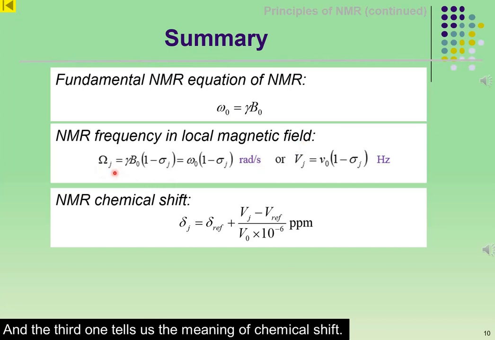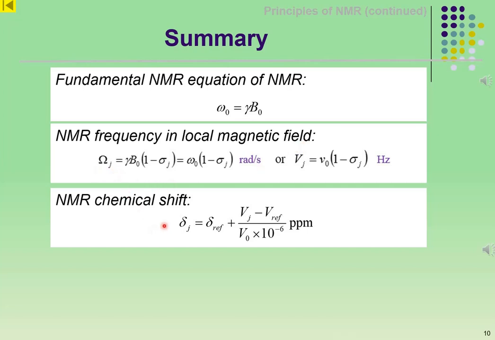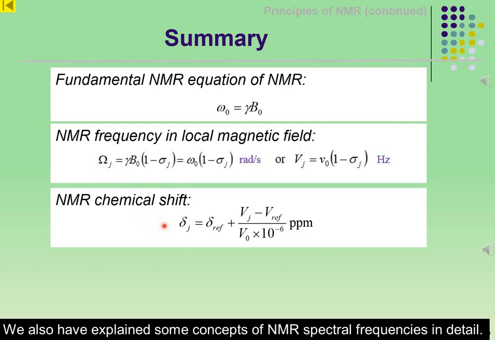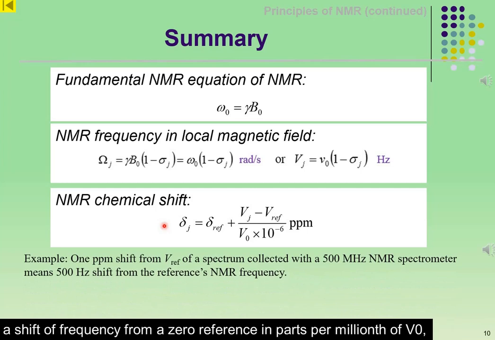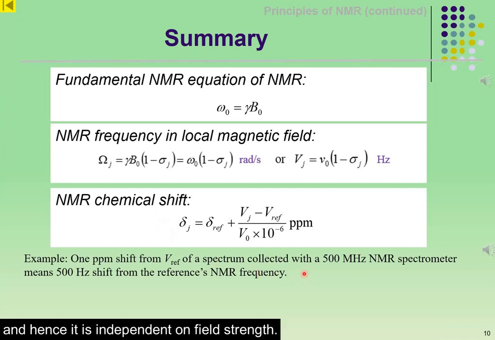And the third one tells us the meaning of chemical shift. We also have explained some concepts of NMR spectral frequencies in detail. The example here explains the meaning of ppm in NMR, which indicates the shift of frequency from a zero reference in parts per millionth of V0, and hence it is independent of field strength. This concludes our first NMR lecture.